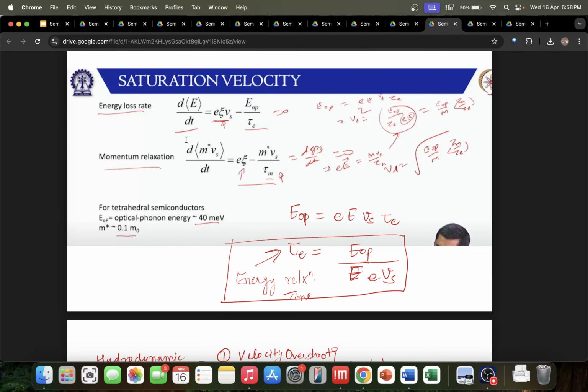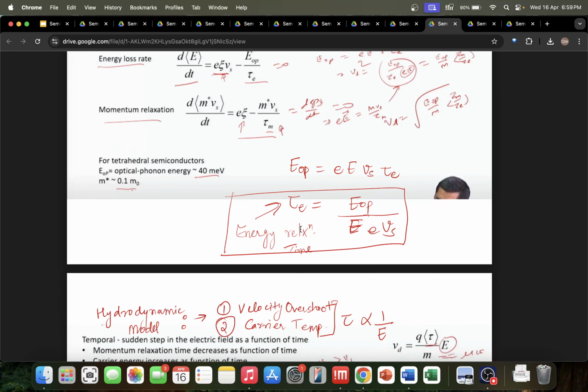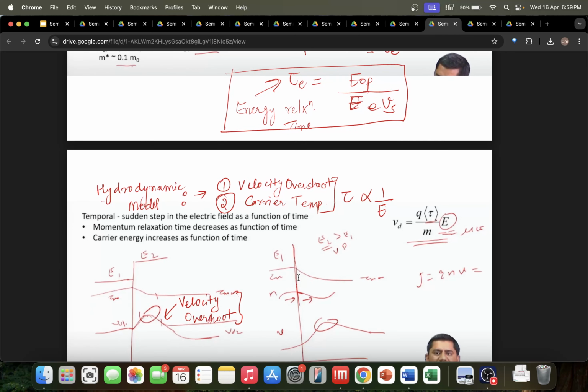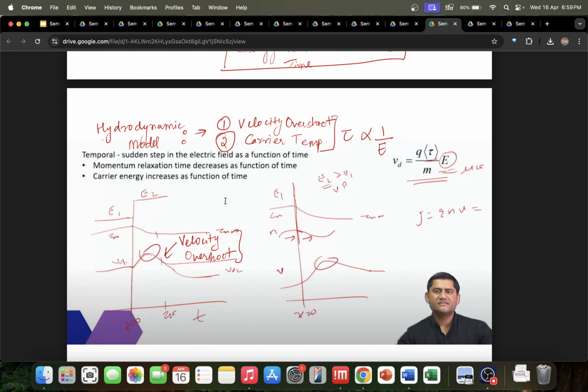So what is saturation velocity, energy loss rate, momentum relaxation, the derived energy relaxation time. The hydrodynamic model basically considers two important concepts, velocity overshoot and carrier temperature dependence.